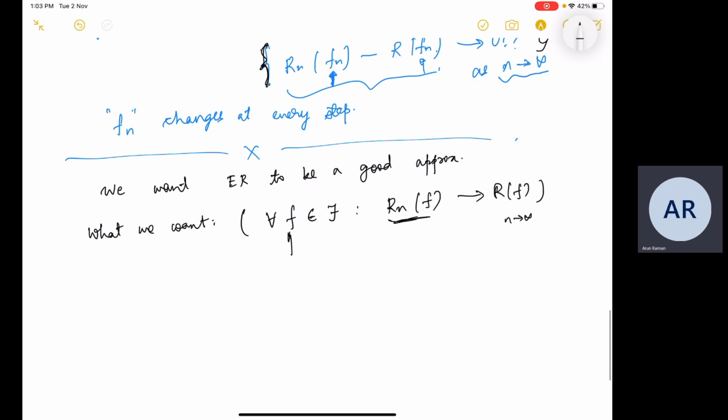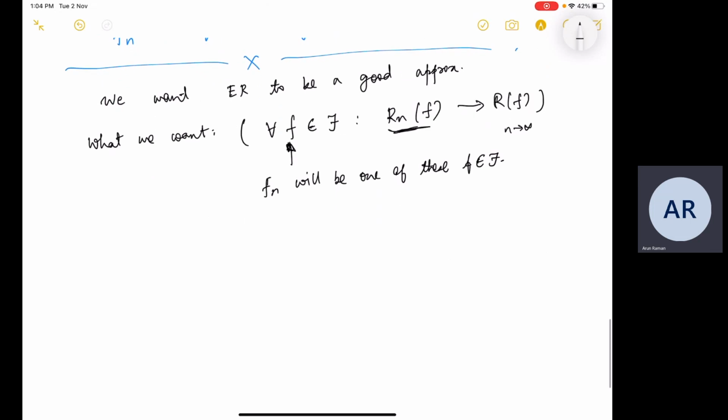The function given by the output fn will be one of these f in F. So if it works for all functions in this function class, then of course it will work for fn as well.